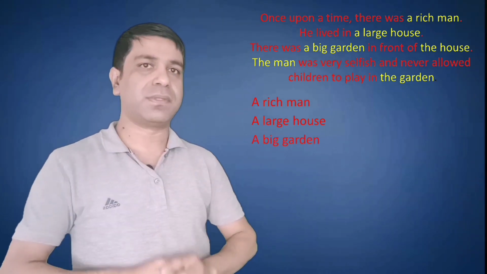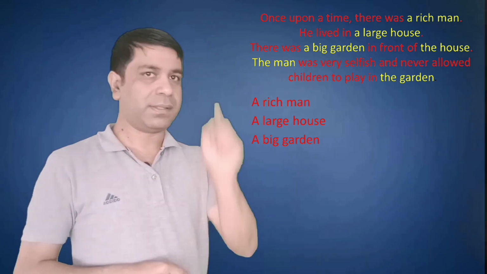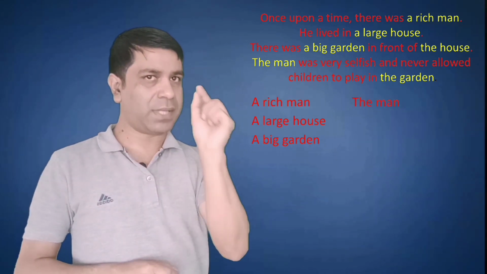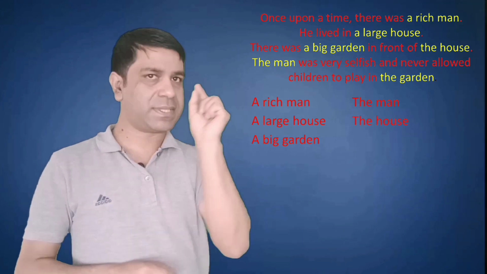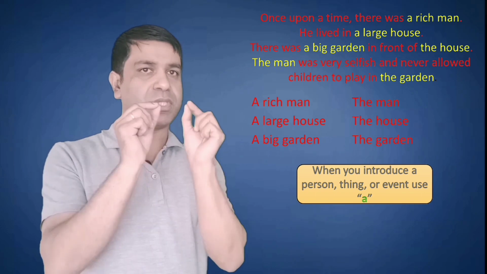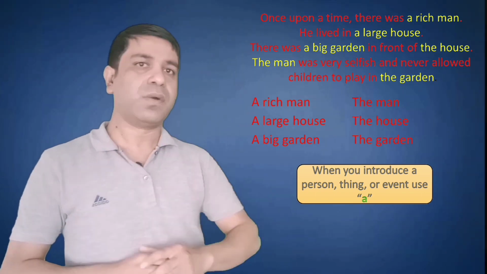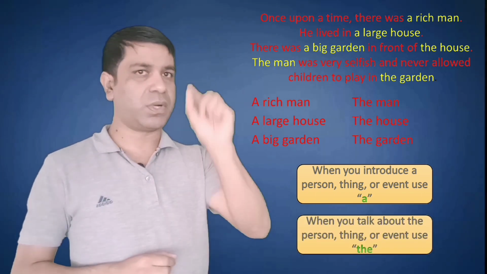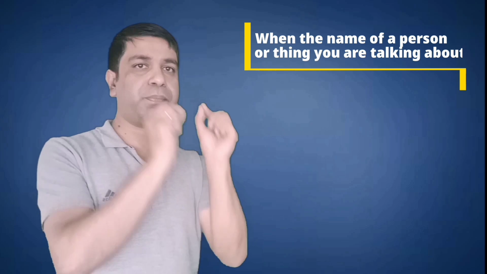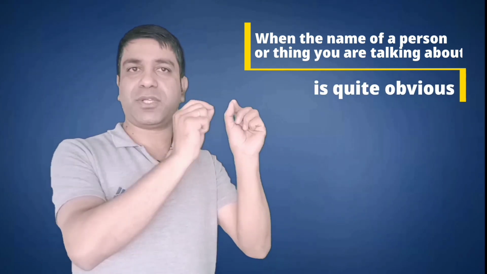And when we talked about the same man, we said the man. When we talked about the same house, we said the house. When we talked about the same garden, we said the garden. When you introduce a topic, start with a. When you talk about the same person or thing, use the.